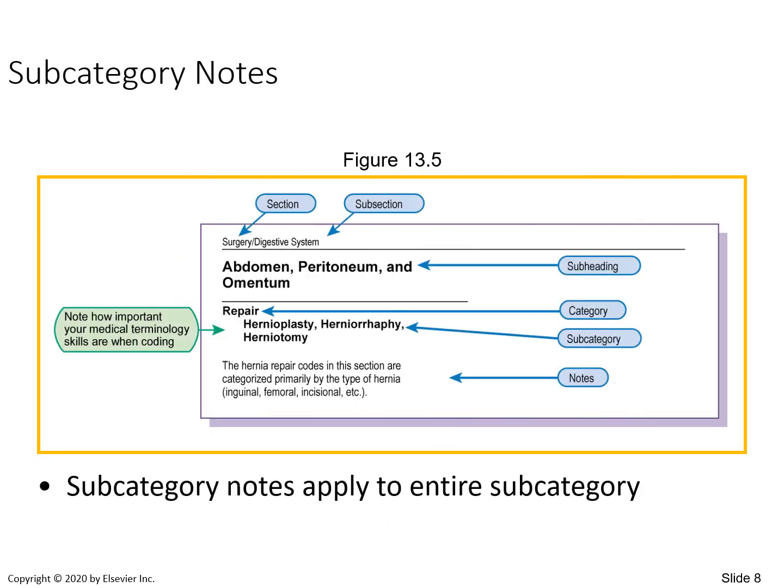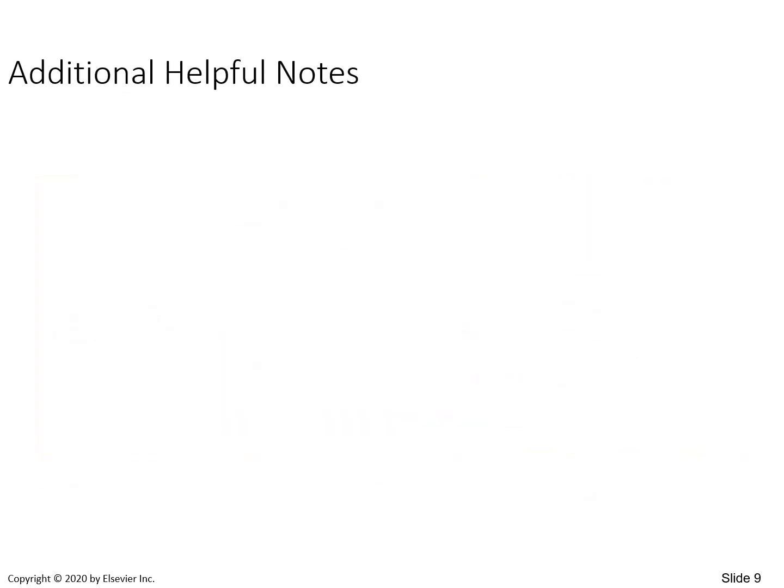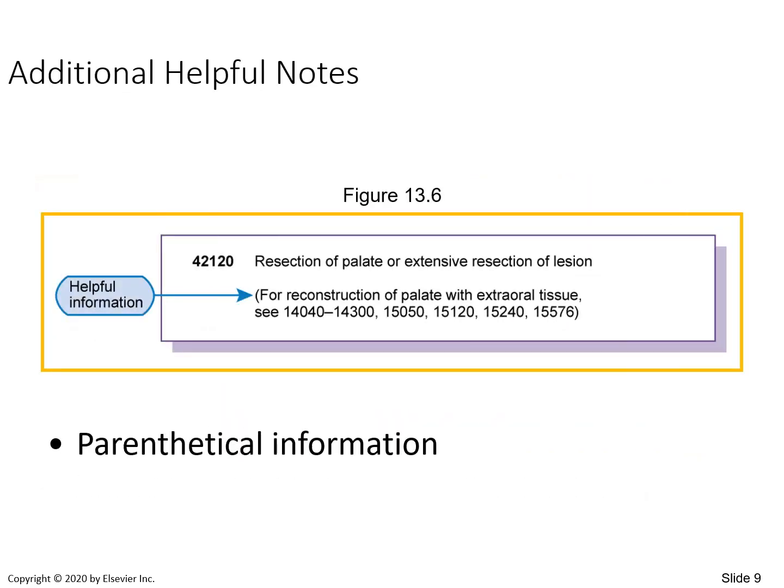Subcategory notes apply to the entire subcategory. Additional helpful notes, the parenthetical information, is just helpful information. It just says resection of palate or extensive resection of lesion for reconstruction of palate or extraoral tissue, see these codes instead. So it's important to pay attention when there are notes in our CPT manual coding.